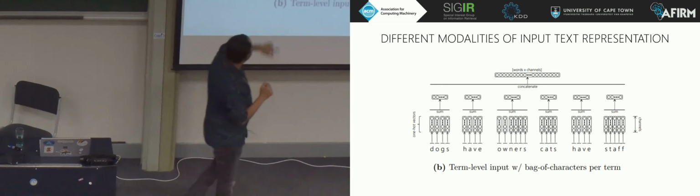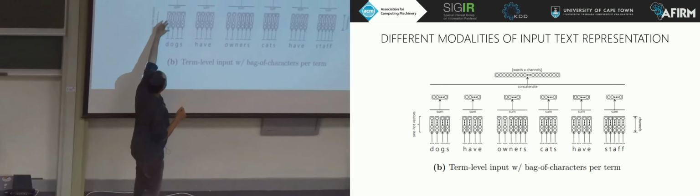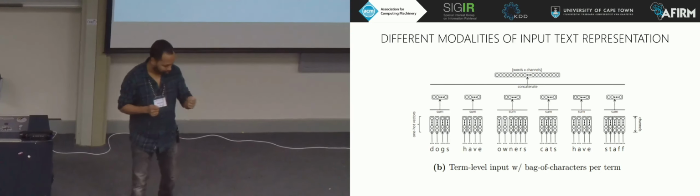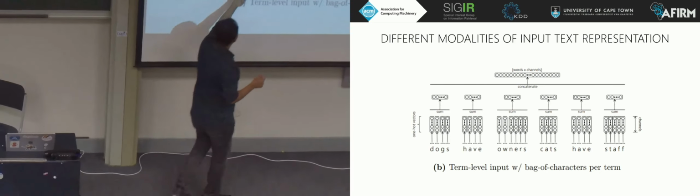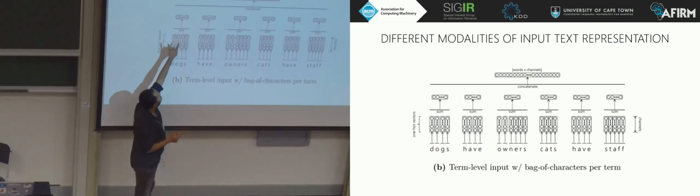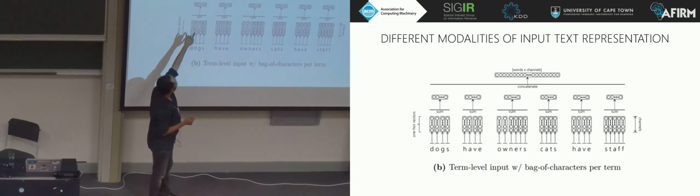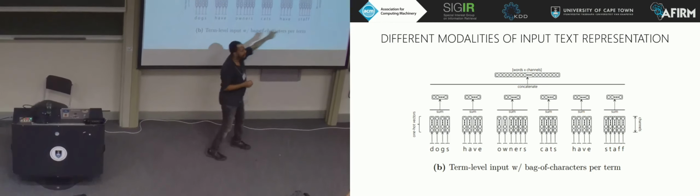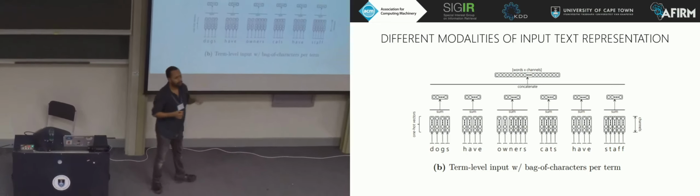So for each word, I represent the characters by a one-hot encoding, and then for each word, I sum these up. So I end up with a sparse vector, where each position is the count of the number of times the character appears in the word, but I have one of these vectors for each of the words. And then I can take these vectors and concatenate them.